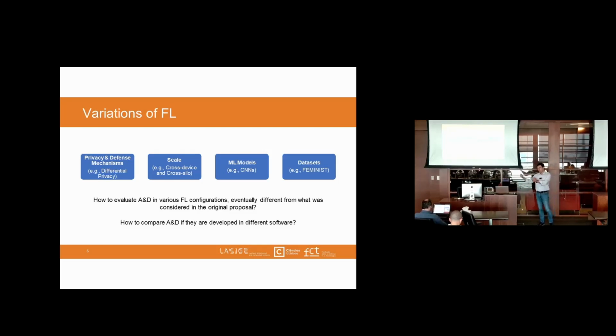Okay? And then the other person will do something similar, but the implementations will not be equal. The data sets will not be distributed in the same manner. And therefore, when you read one paper and read the other one, it's really difficult to compare the two solutions and understand if one is better than the other. Maybe they are similar, okay?